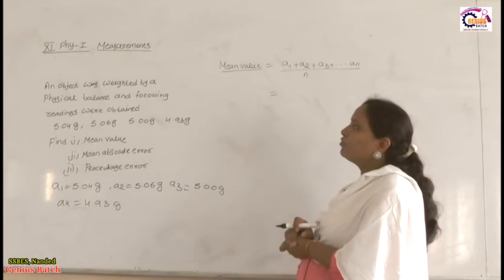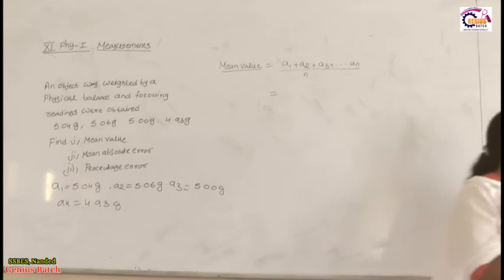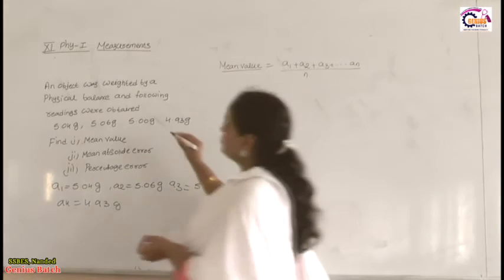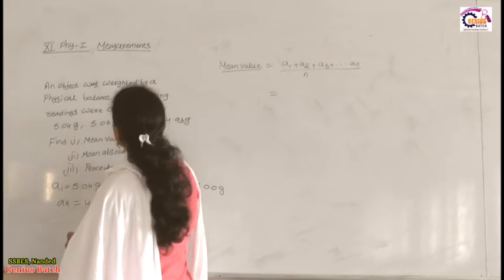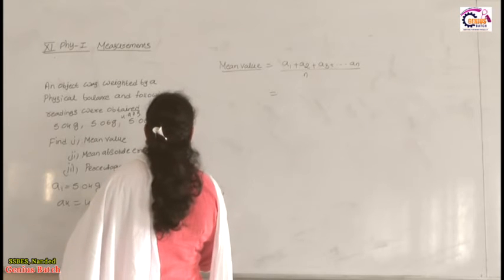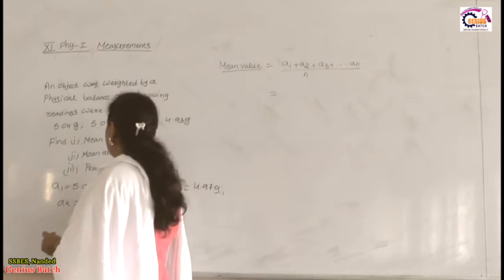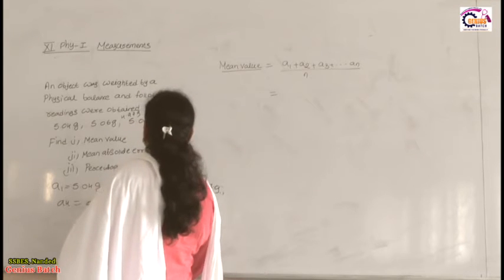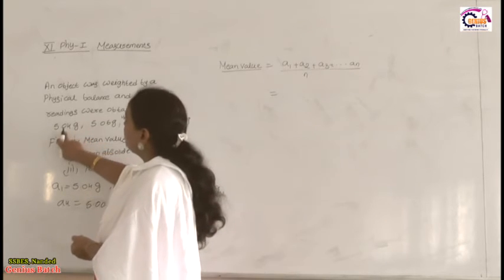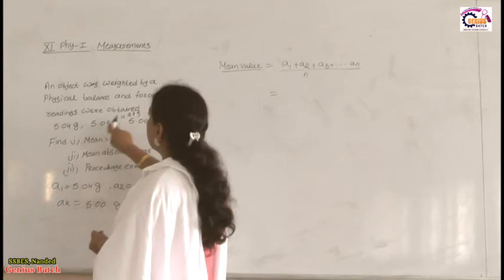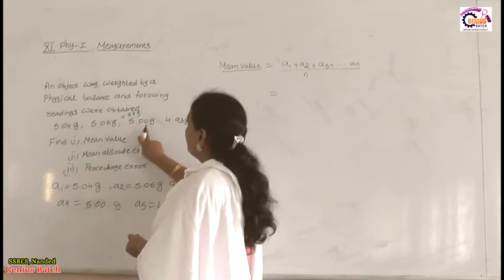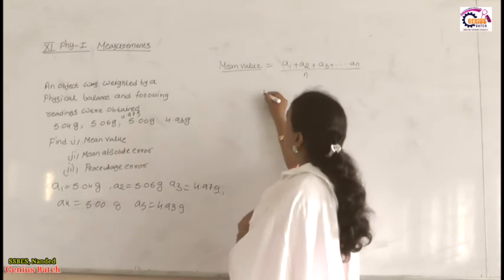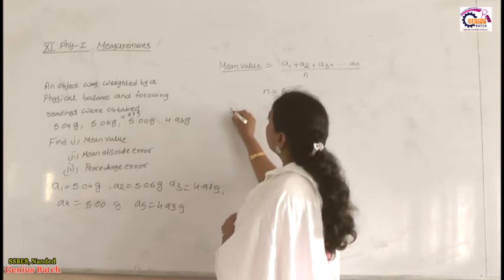Okay, so I have missed the third value here. The third value is 4.97 gram, the fourth value is 5.00 gram, and the fifth value is 4.93 gram. How many values have they given? The first value is 5.04 gram, the second is 5.06 gram, the third is 4.97 gram, the fourth is 5.00 gram, and the fifth is 4.93 gram. That is, n is equal to 5 readings.